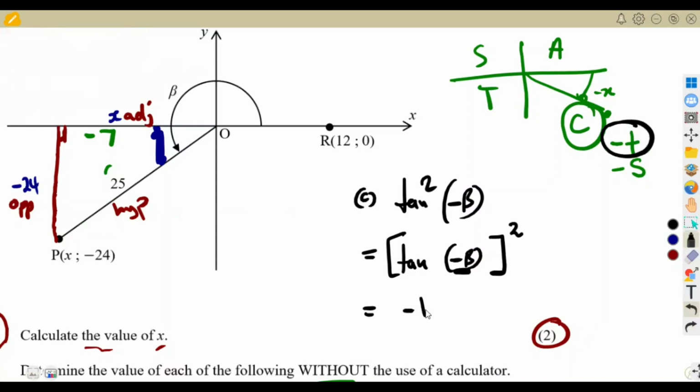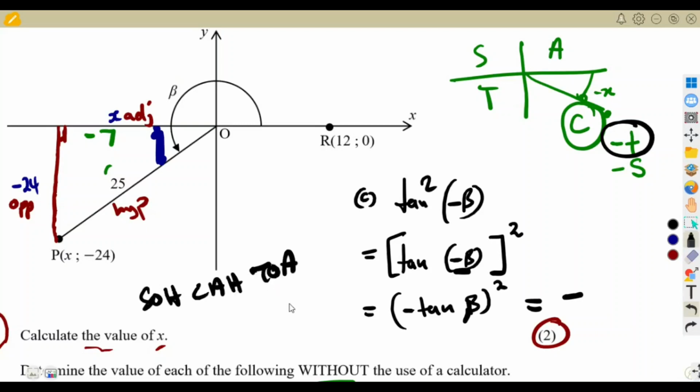So it's minus tan of beta, squared. Minus the tan of beta, squared. So what is the tan of beta? We are back now to our SOHCAHTOA concept. Remember, we talked about this SOHCAHTOA concept. The tan is opposite over the adjacent.